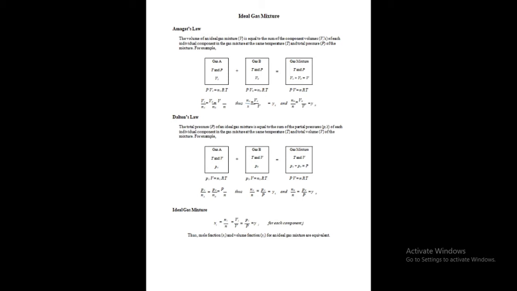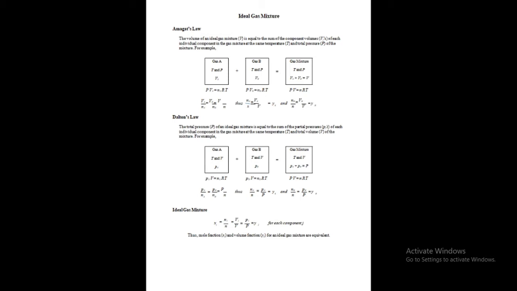We apply the ideal gas law for both components. PA into V is equal to NA into RT. Similarly, PB into V is equal to NB into RT. For the total, PV is equal to nRT.